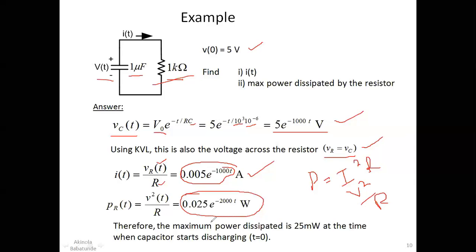So the maximum power, or the peak power, will be the value that we have here as the coefficient of the exponent. The maximum power distributed will be 25 milliwatts at the time when the capacitor starts discharging, at t equal to 0. So this is a pretty simple example, and I believe this is not going to be a problem at all.